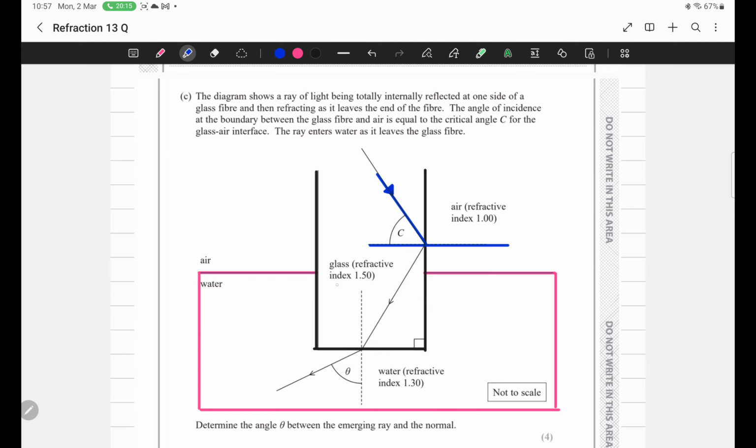Number two, we are given refractive index. But Simra, I am asking you, do you know any formula in which if you are given refractive index, then you can calculate critical angle? Do you know any formula which relates critical angle with refractive index?